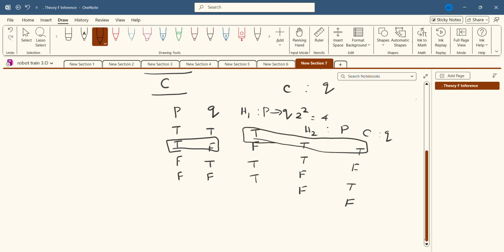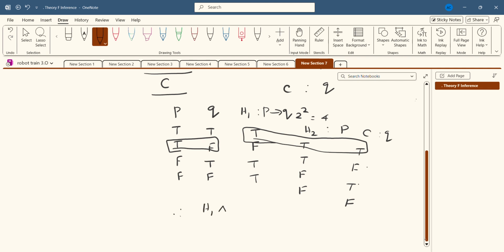The first row is the only row in which both H1 and H2 have the truth value true and the conclusion is also true. So in that row only the valid argument is available. The remaining are all false. So what is the statement of a valid argument? If all premises are true, then the conclusion is also true. Therefore, how are we going to write this?